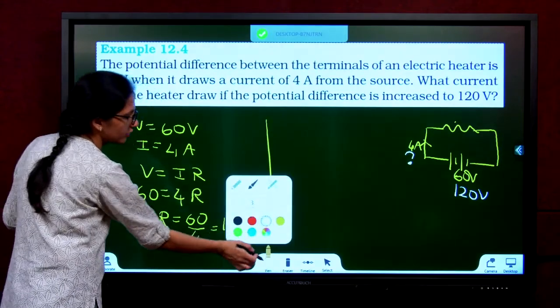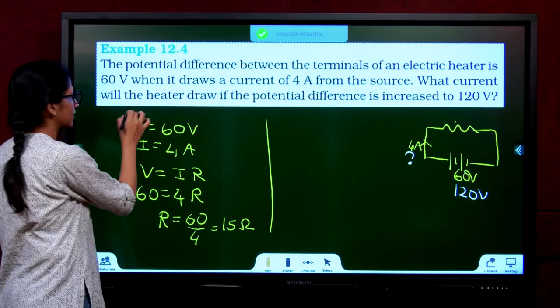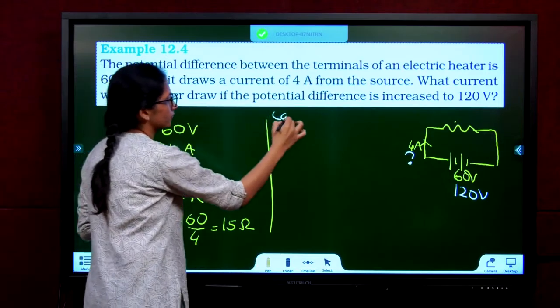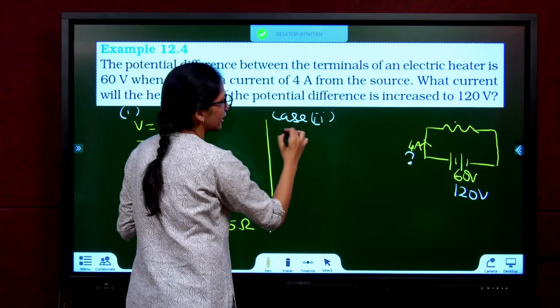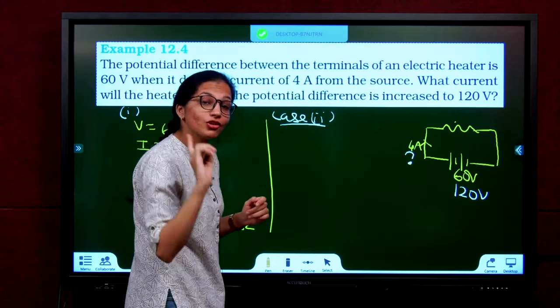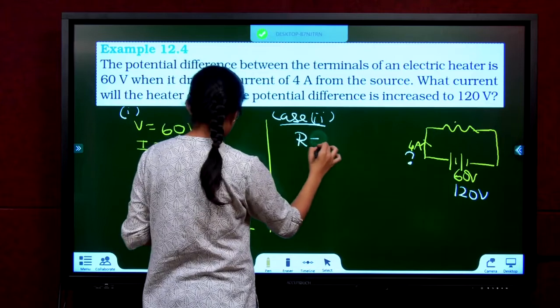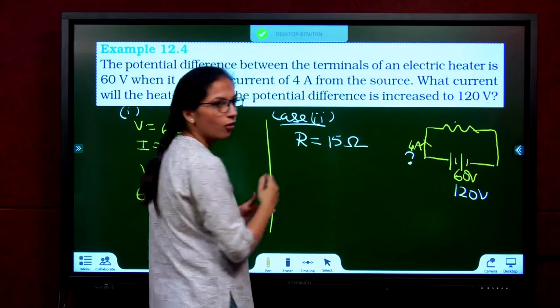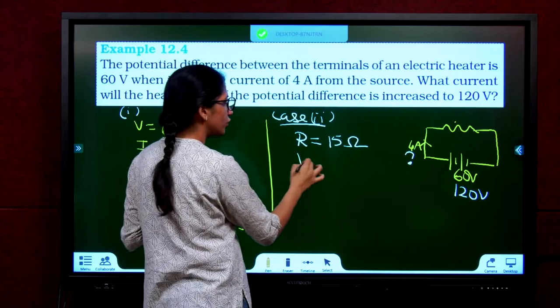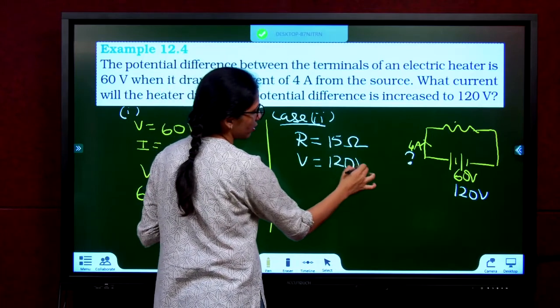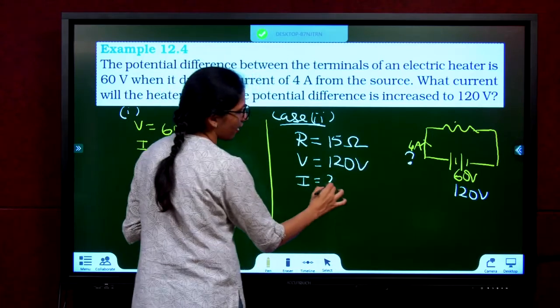Now, when I go to case 2, you can write here case 1 and case 2. When I go to case 2, will the R change? No, because the device is not changed, it's still the same device. R is equal to 15 ohms. Now, new V is 120 volts. What will be my new I?